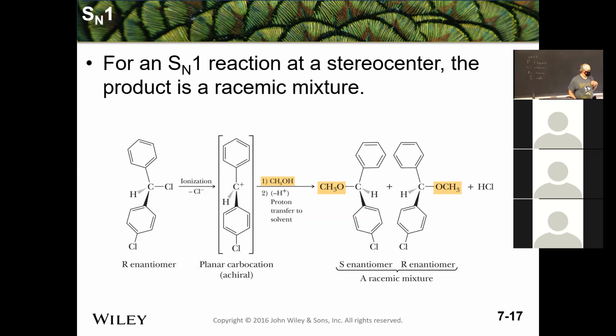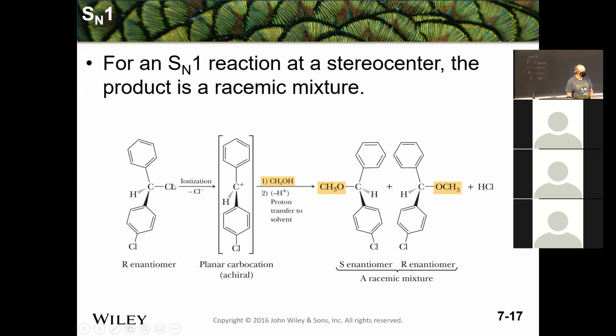All right, this is something I said just a moment ago, and that is for an SN1 reaction at a stereocenter, okay, we can recognize the stereocenter. It has 4 different atoms or groups attached. All right, so this is a stereocenter because this benzene ring is different from a benzene ring with a chlorine on it.